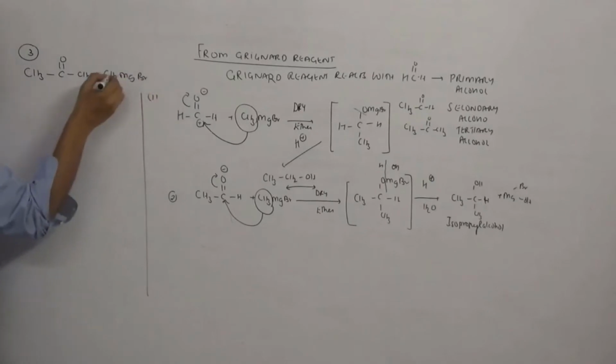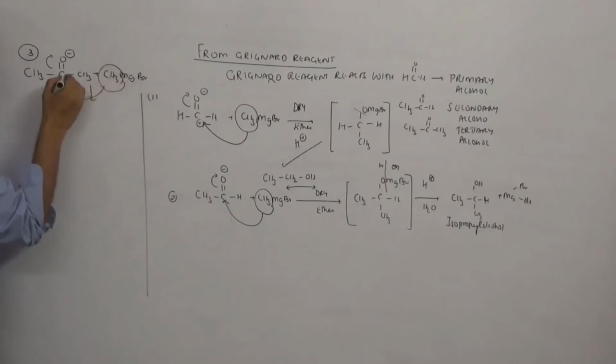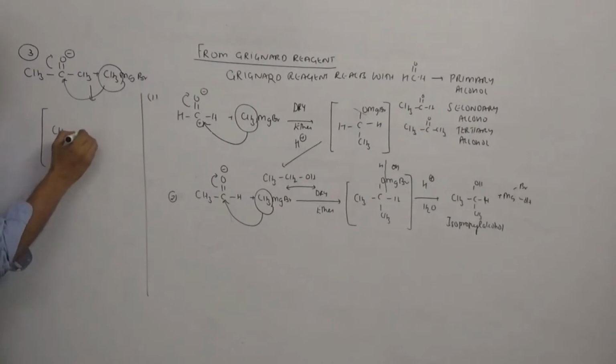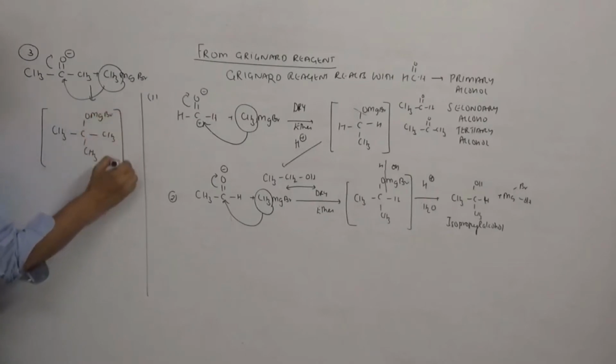Now what happens? Shift in bonded pair, oxygen becomes negative, this becomes positive. We get the complex CH3, C, OMgBr, CH3, CH3.